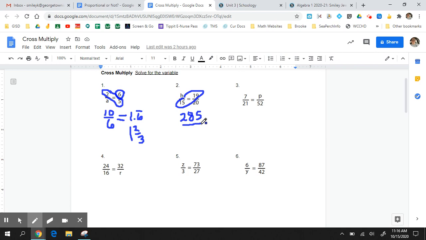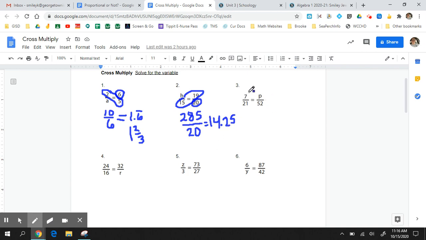I'm just using my phone calculator really quick to get it done. And then you're going to divide by 20 because that's the number that is left over, and I can put it in a small circle for you. So what is 285 divided by 20? Your calculator should give you 14.25. Again, you could put it as a fraction if you wanted to, but I'm going to leave that as a decimal.